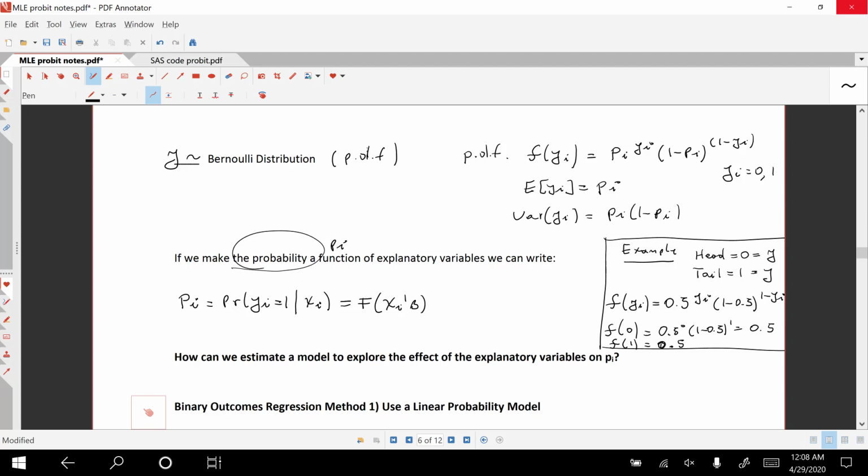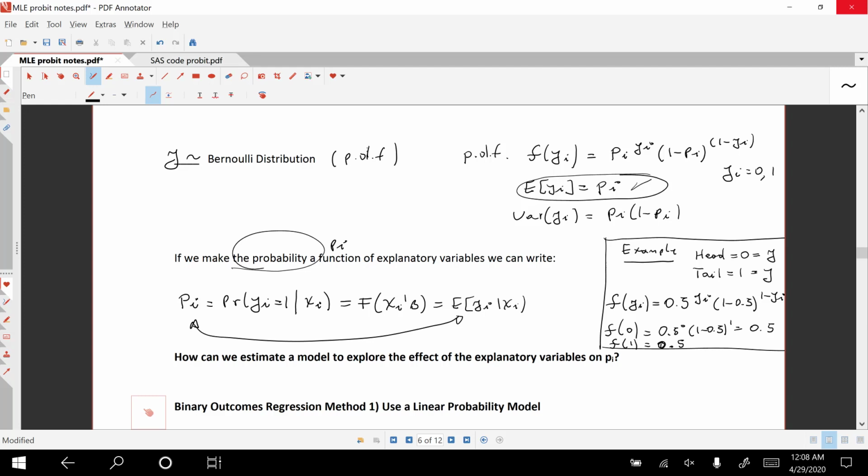Okay, and we know that by this definition, the probability that y is equal to 1 is actually the same as the expected value of yi conditional on xi. So that's a key thing in this model: the probability that y is equal to 1 is equal to the expected value of yi conditional on xi.